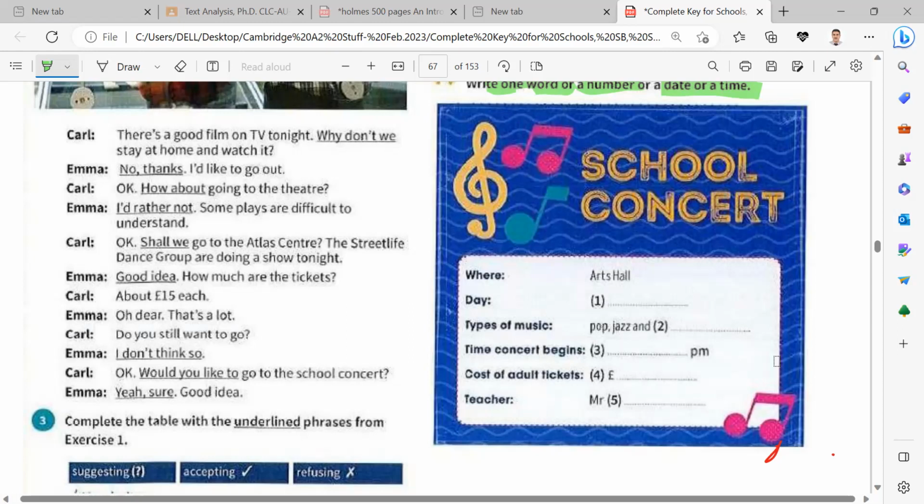Thank you, everyone. Now, it's our school concert in our arts hall at the weekend. I hope you're all practicing a lot. I heard a student playing the piano on Monday and it sounded great. Anyway, our concert is on Saturday. Are you all ready? The music is always varied, and this year we have pop, rock, and even some jazz.